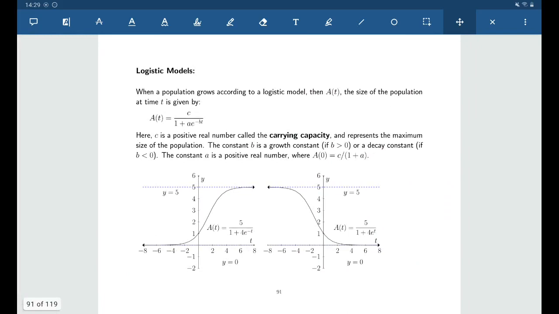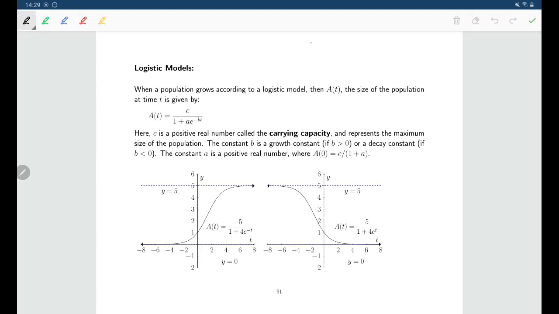The last type of model that we'll look at fixes one of the problems with exponential growth, which is that for exponential growth, there was no upper limit. If you're imagining the bacteria in the jar, the population was going to go up forever, that there was no maximum size for the population of bacteria in the dish or whatever the substance is that we're looking at.